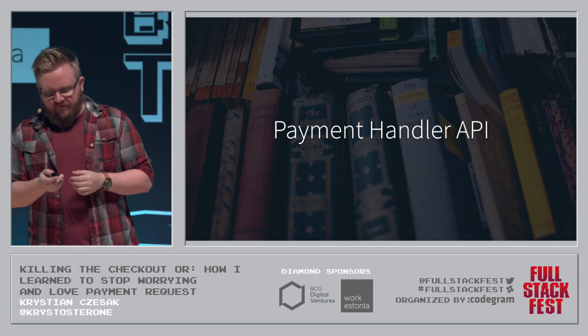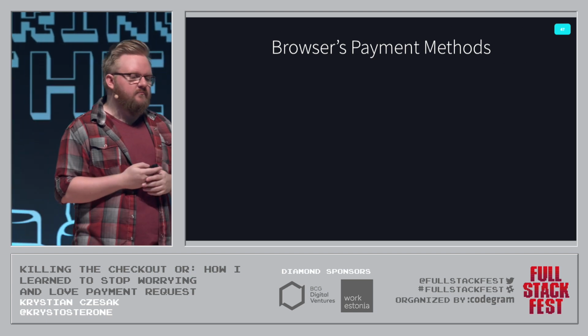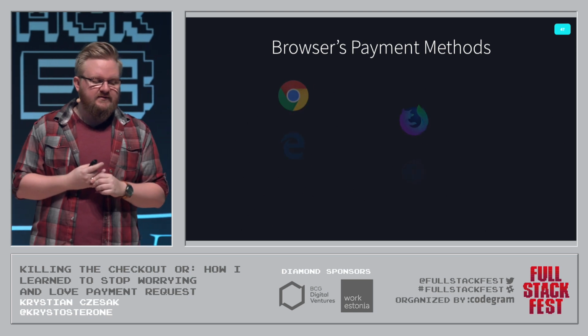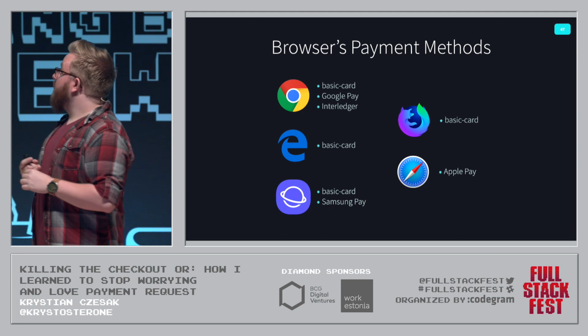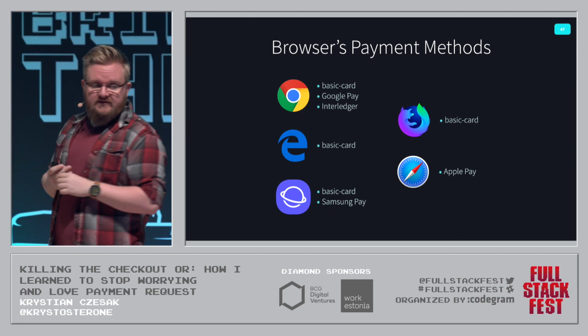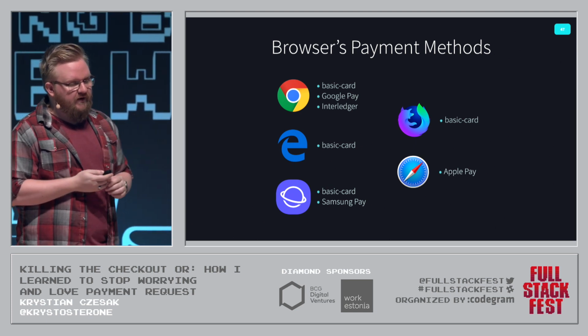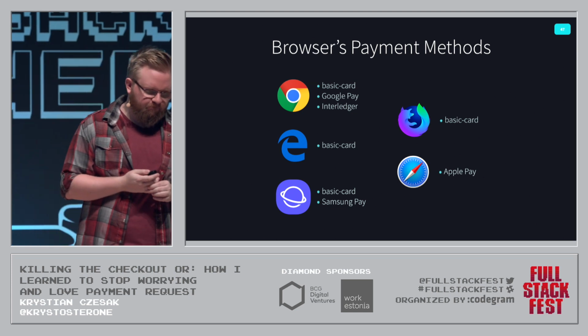But let's take a step back first and think of why Payment Handler API is necessary at all. To do so, let's take a look at the breakdown of payment methods currently implemented in browsers through PaymentRequest. So if you quickly look at it, you have things like Basic Card, which we already covered, things like Google Pay, Samsung Pay, Apple Pay, something called Interledger, which we won't tackle in this talk.